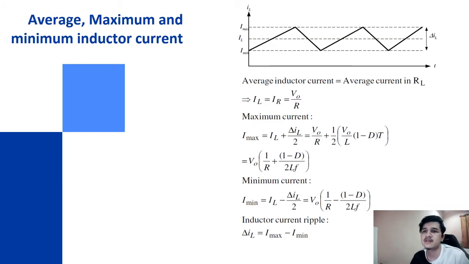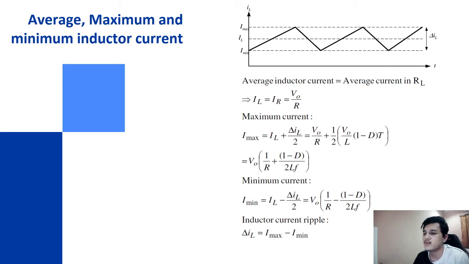And then average, maximum and minimum inductor current. This is the graph for IL. So you can see the graph for average inductor current, which equals the average current in R, which means IL equals IR equals VO over R. Maximum current, as you can see, is this formula, Imax.